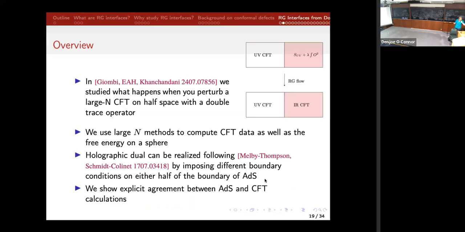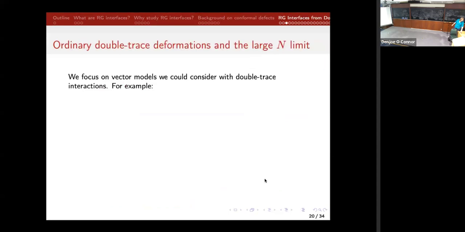So using the setup, we then show explicit agreement between AdS and CFT calculations. When I'm talking about these double trace deformations and large N theories, I'm thinking about vector models.